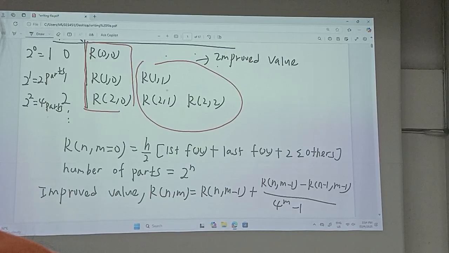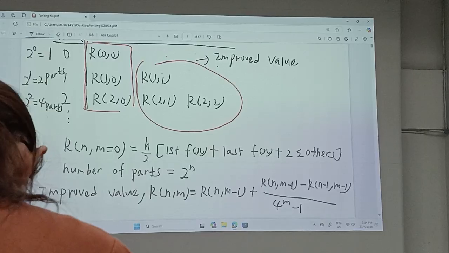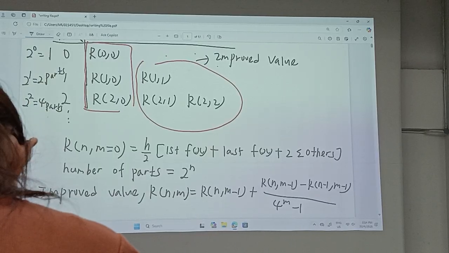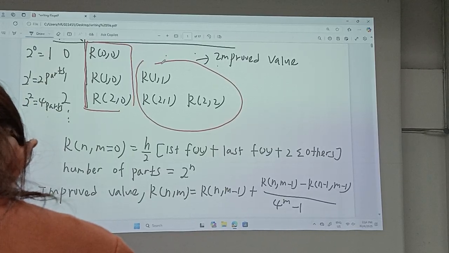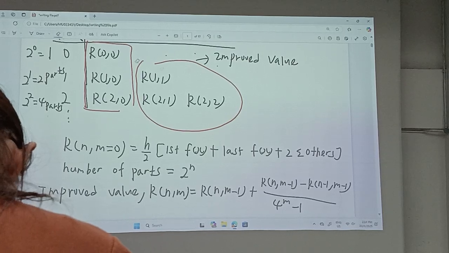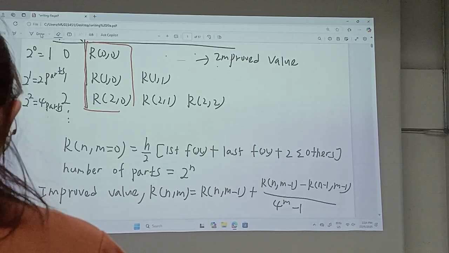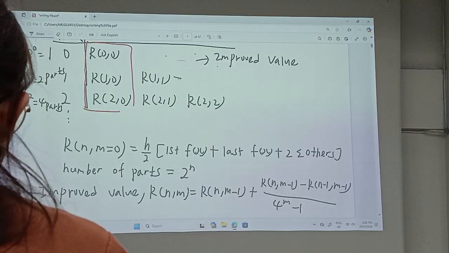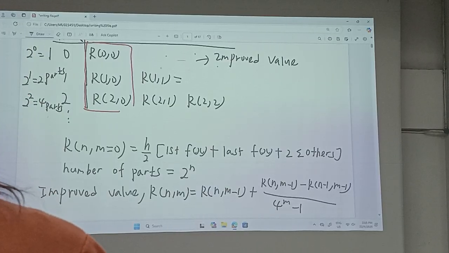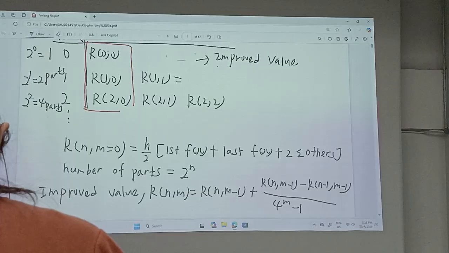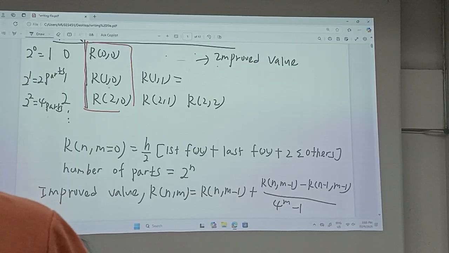So for example, let's go through this formula. For example, how to get R11? Okay, so for R11, consider the previous column and then take these two values.